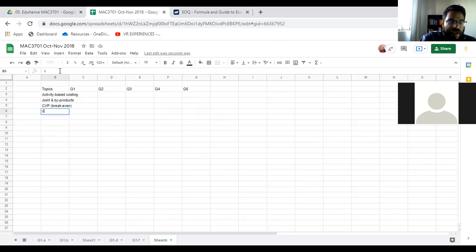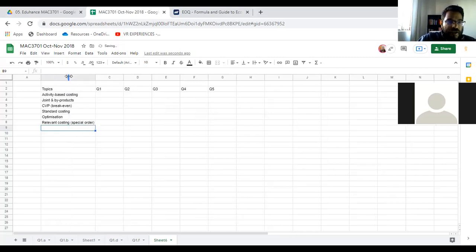Then you will have standard costing, optimization, and relevant costing. A typical relevant costing question is a special order. EOQ was not a relevant costing question, just so the question we covered now was not relevant costing.